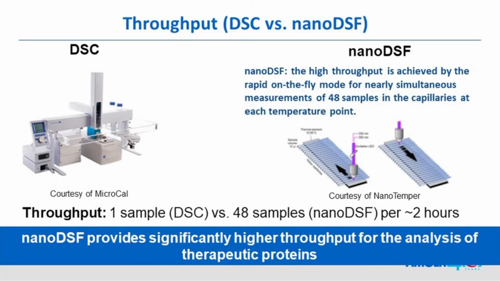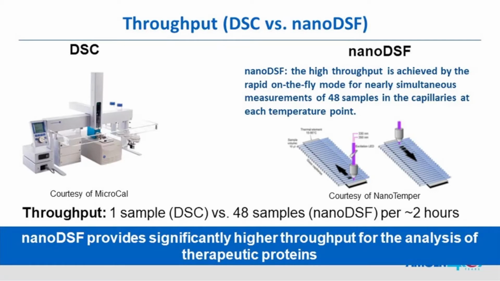Now let's take a look at the throughput. For DSC, it can run 1 sample in about 2 hours. For nanoDSF, it can run 48 samples in about 2 hours. The high throughput of nanoDSF is achieved by the rapid on-the-fly mode for nearly simultaneous measurements of 48 samples in the capillary at each temperature point.